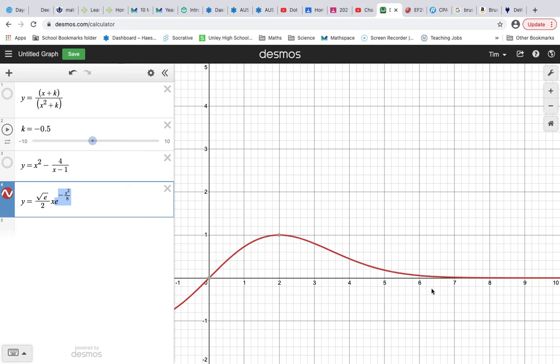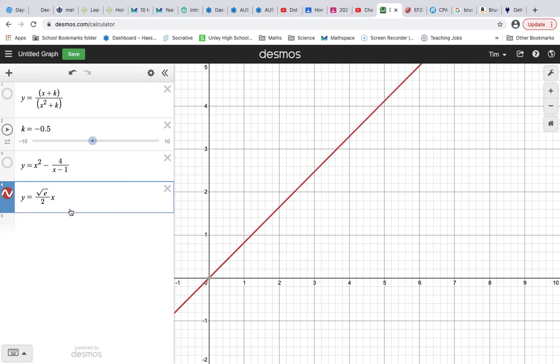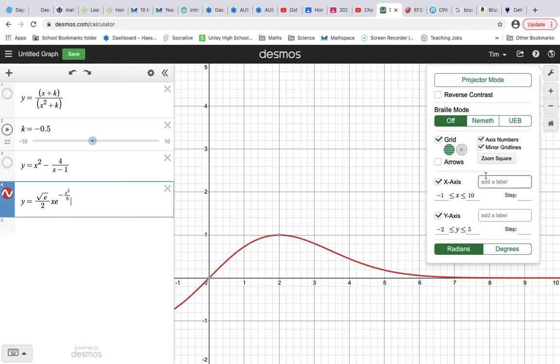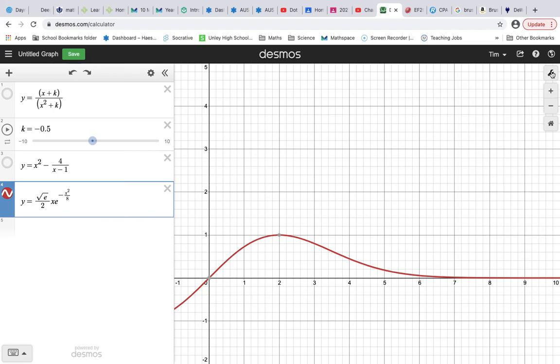So it's almost like you've got growth and decay in the same function. The start of the function pushes it up, and then the second half of the function gets it to decay back down. Anywho, interesting. Hope you enjoyed that.